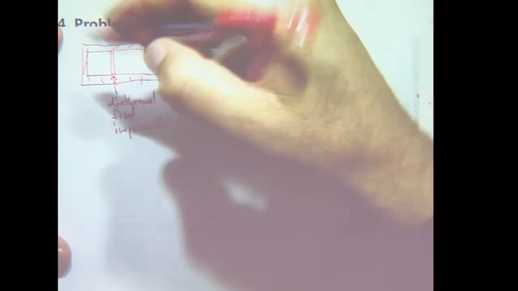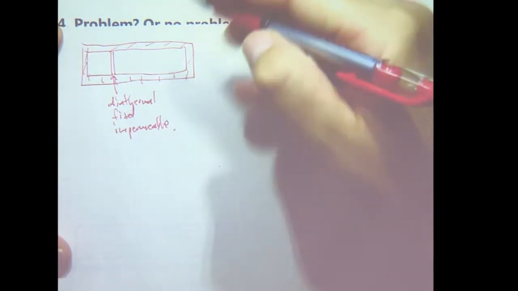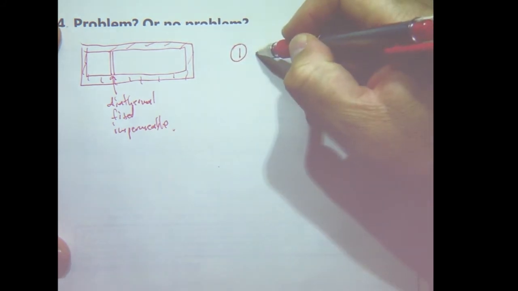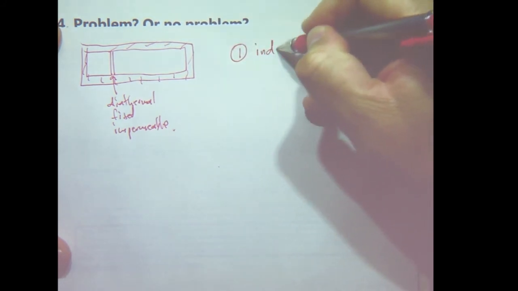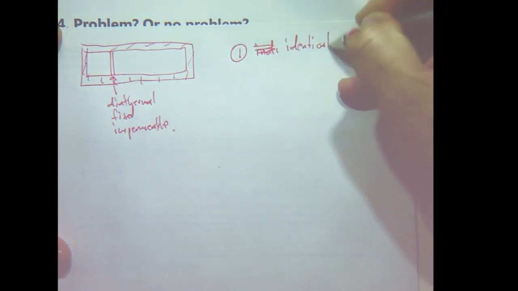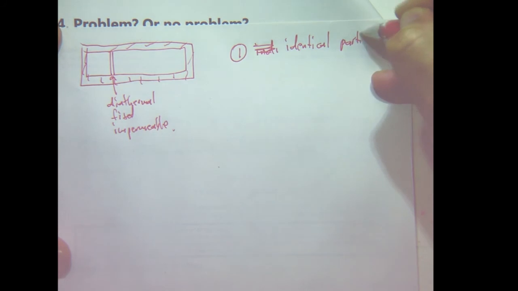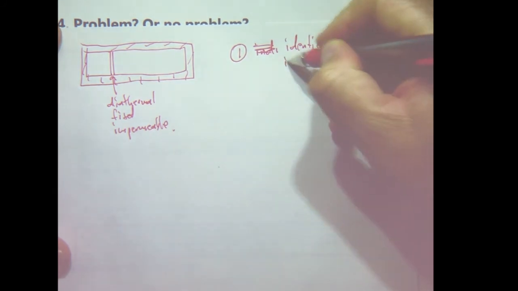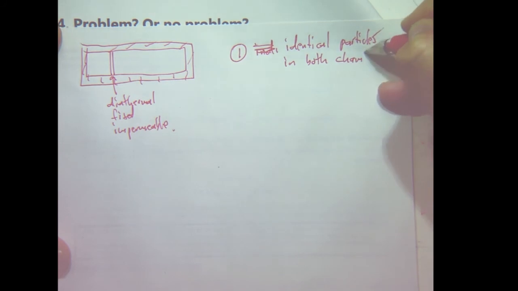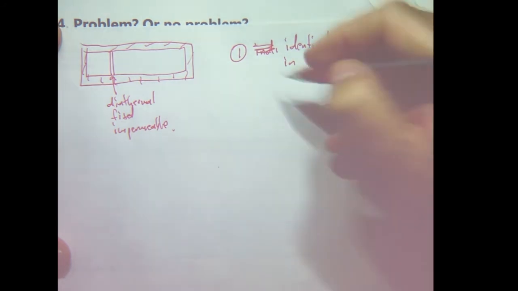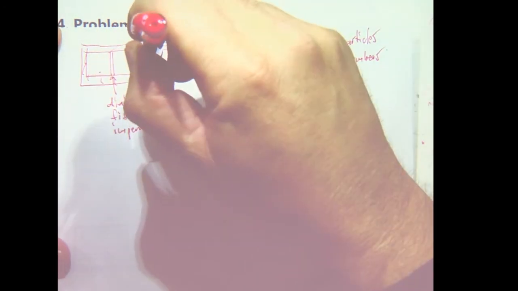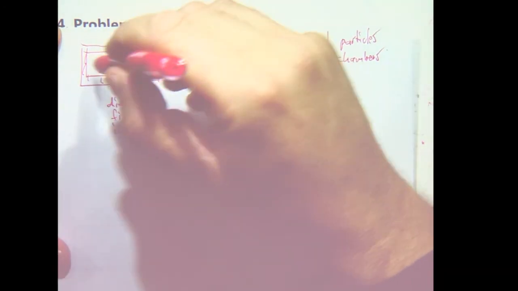And I want to consider two different situations. One, you have indistinguishable particles, or identical particles, in both chambers, if you like. In other words, the particles here are the same as the particles there, and they're in thermal equilibrium.